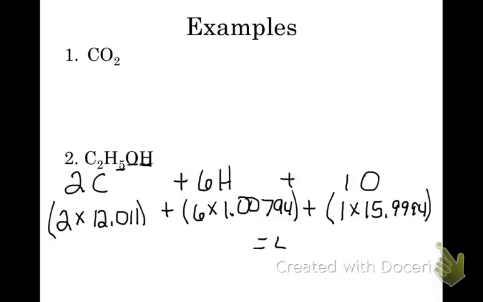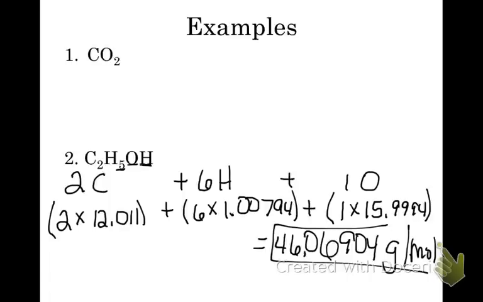So for this, I should get 46.06904. And of course, we need to make sure that we have units. So that's grams per mole. And I forgot to put units in the last one, sorry. Here we go.